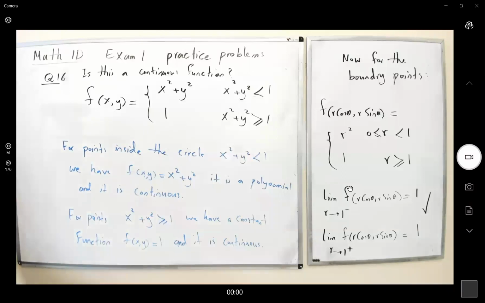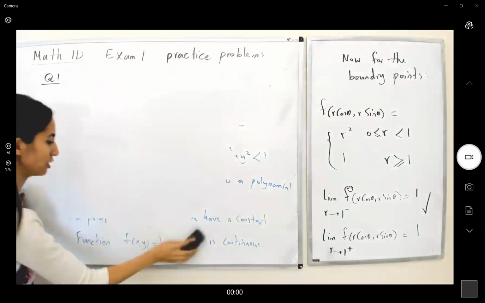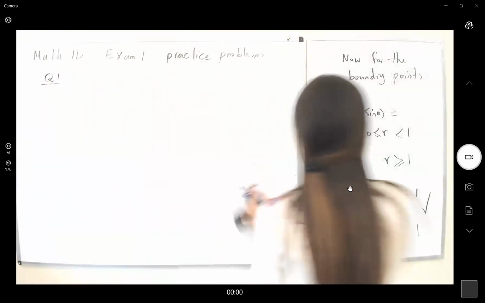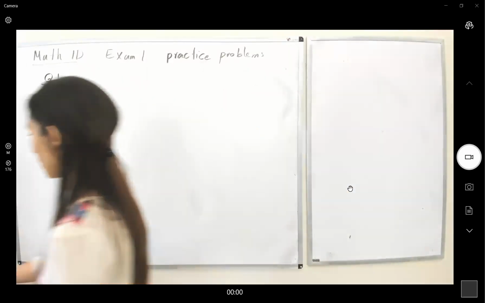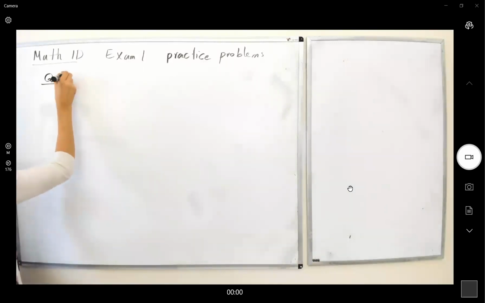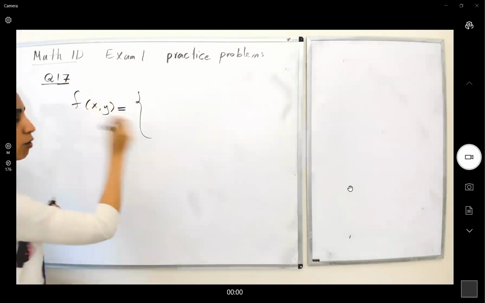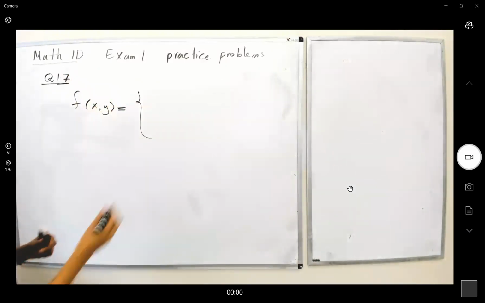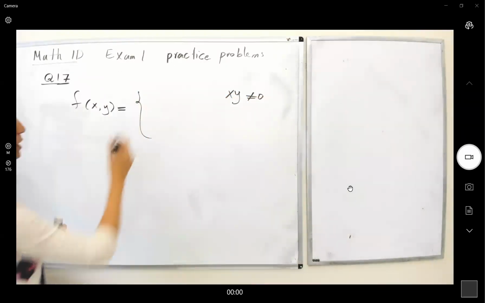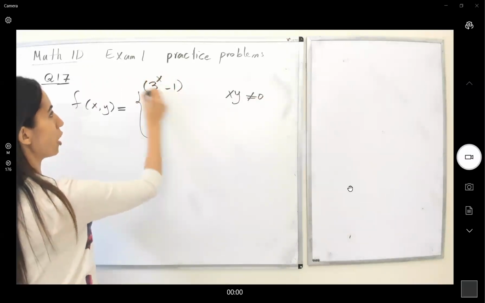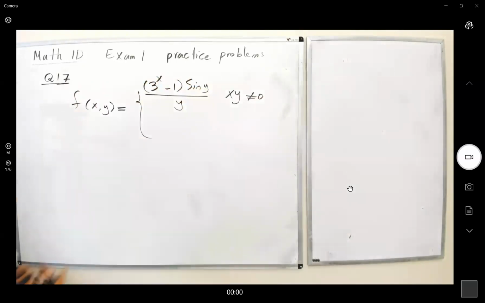Well, for question 17, we have a piecewise defined function. A piecewise defined function is defined this way. 17, f of x and y is equal to: if xy is not 0, we have 3 to the x minus 1 times sine of y divided by xy.